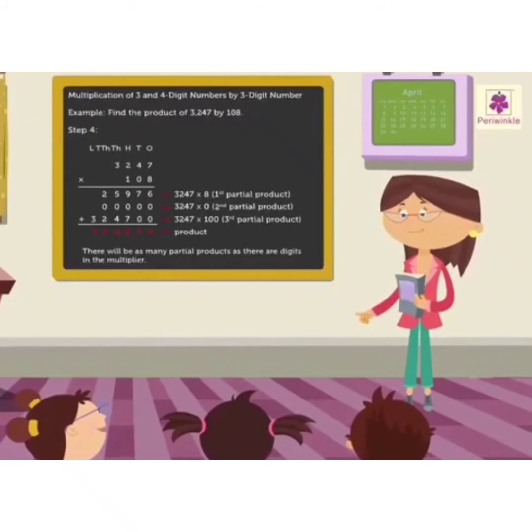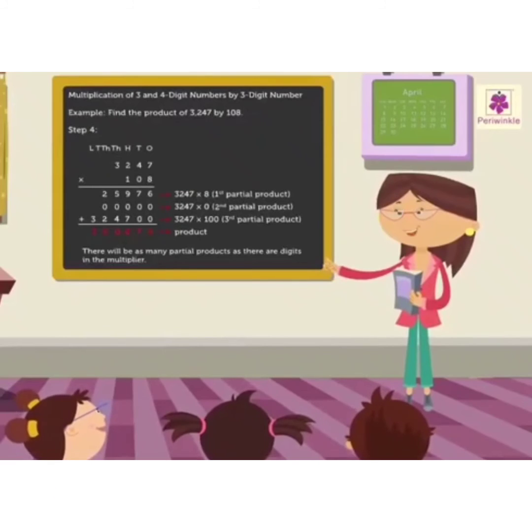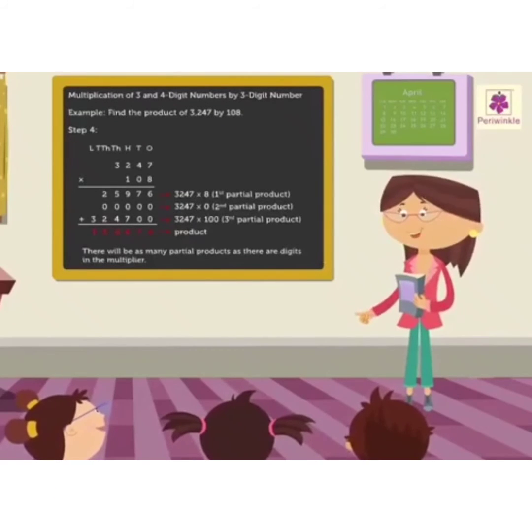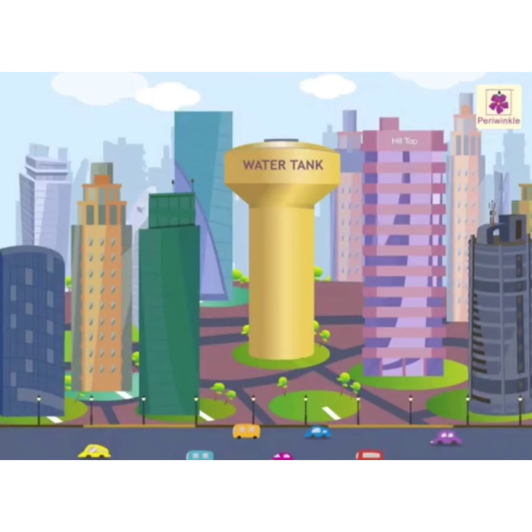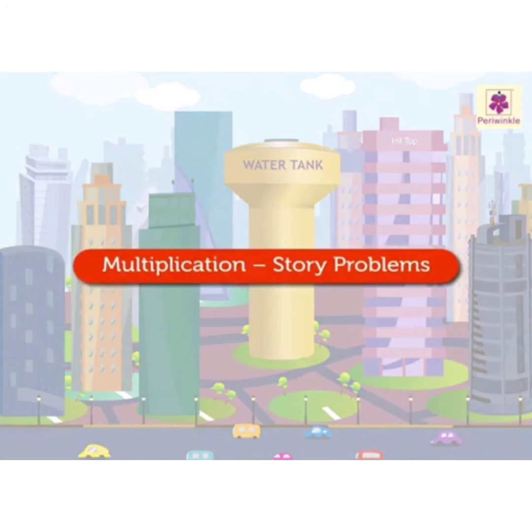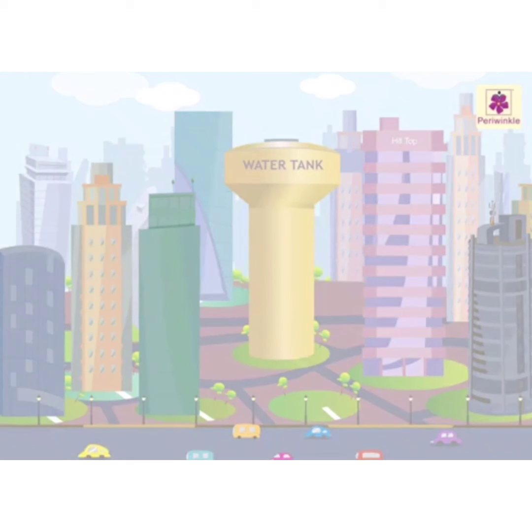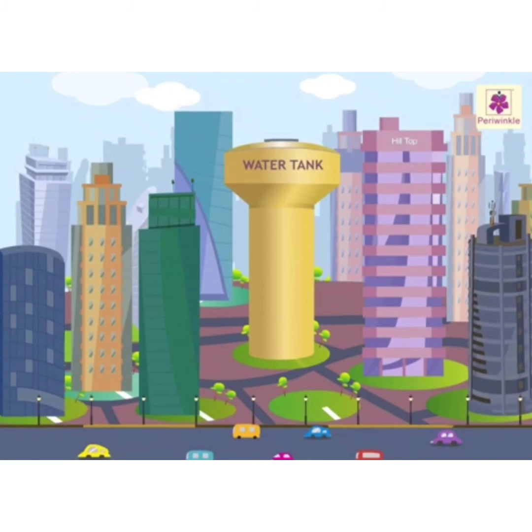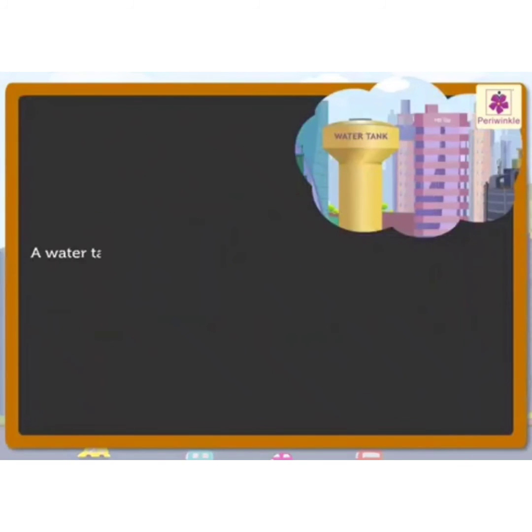Learning multiplication of 3 and 4 digit numbers by a 3 digit number. Today, let us solve some multiplication story problems and also revise how to write the statements. A water tank supplies 25 lakh 3,854 liters of water to Hilltop Society every day.